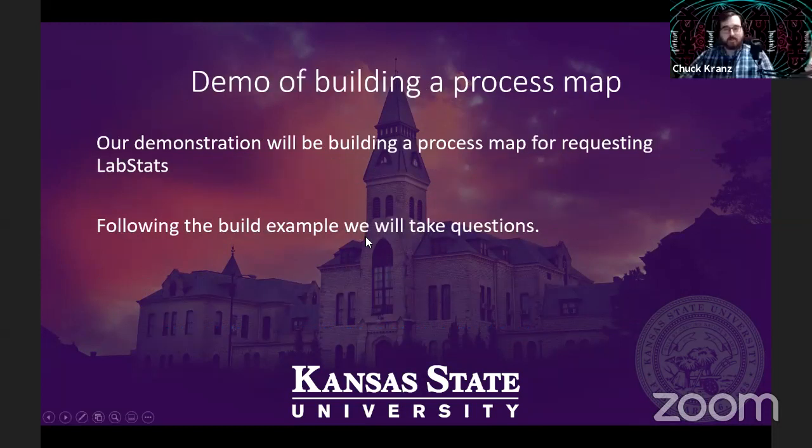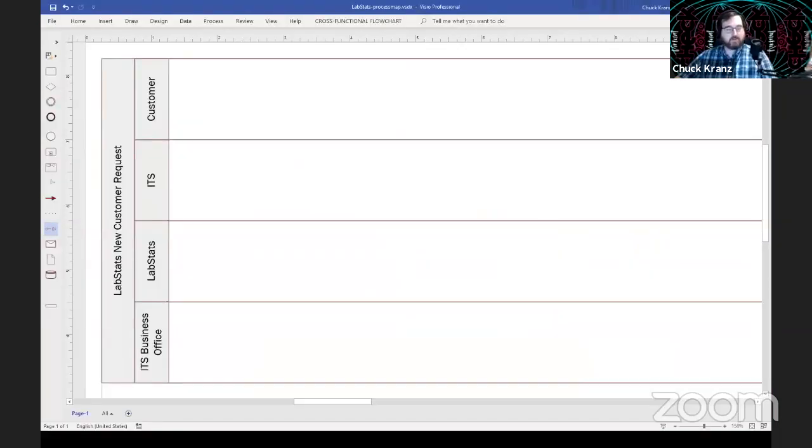Cool. So with those tips out of the way, I'm going to do a little live build demo using Visio. As you all can see, I've got the basics set up. I've already got my swim lanes in place. And I'm going to walk you through our LabStats new customer request.